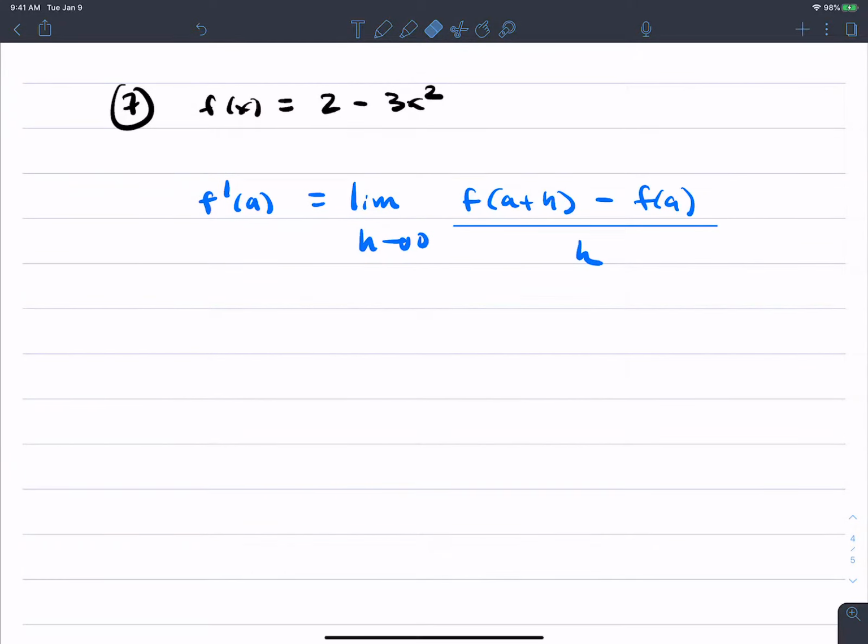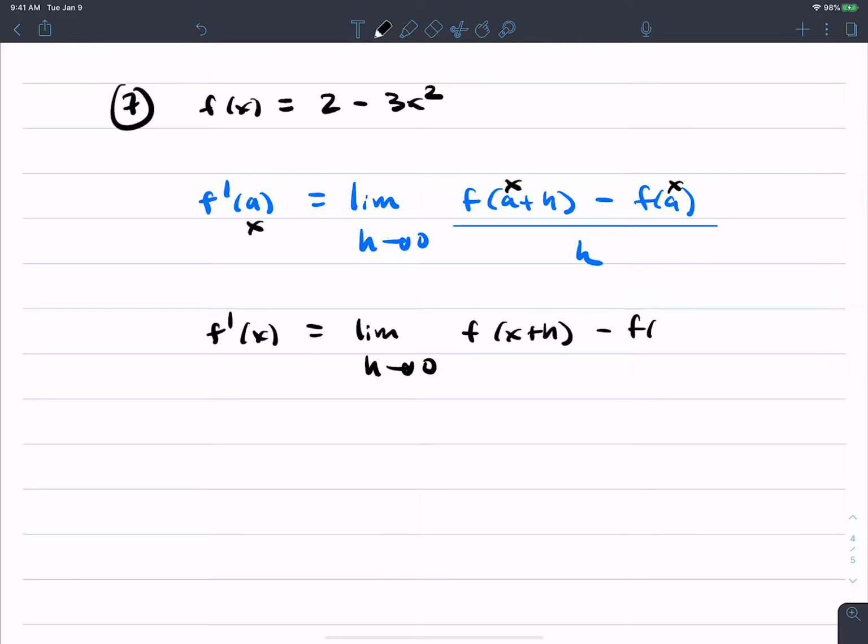And let's go back to the black. So you can see this formula also in various books as the limit as h goes to 0 of f of x plus h minus f of x, over h. So you can see this too, just so you know.